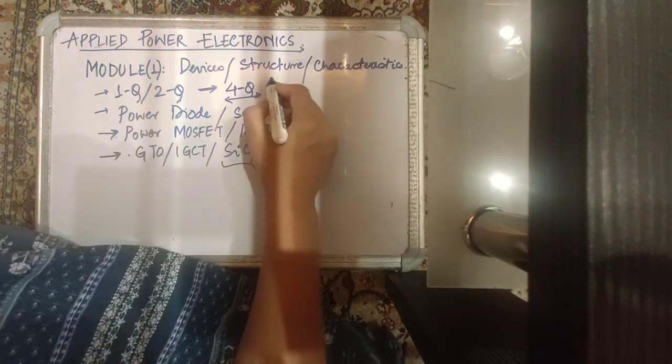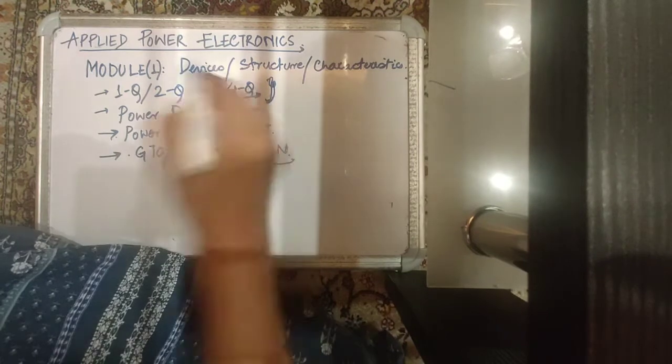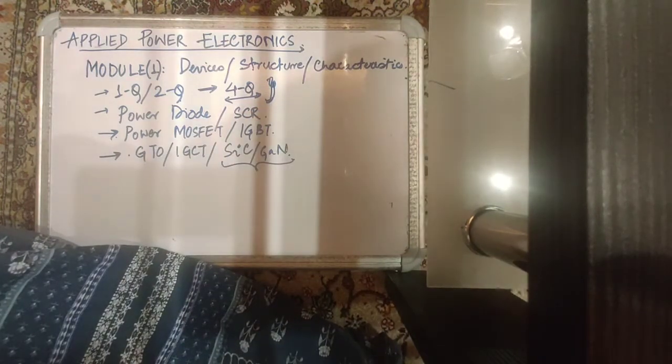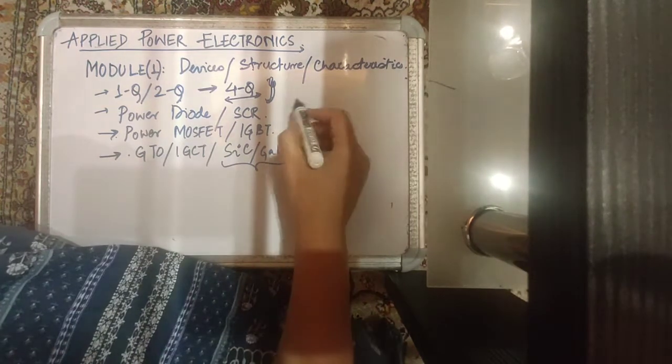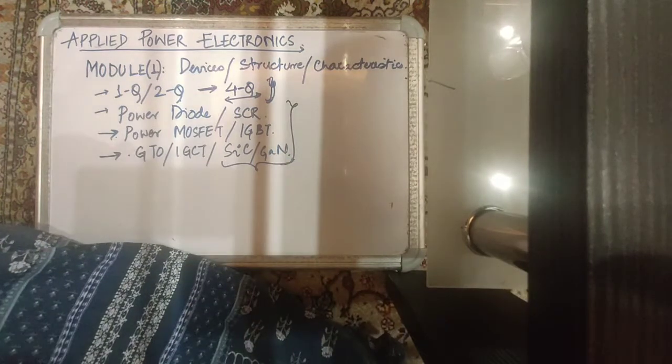We definitely need to know their quadrant behavior, their voltage blocking and current carrying capabilities, and we treat them as switches that can be turned off or turned on. So device physics and structure do not play that vital a role. So we are just brushing through Module 1 so we can move on to more important modules.